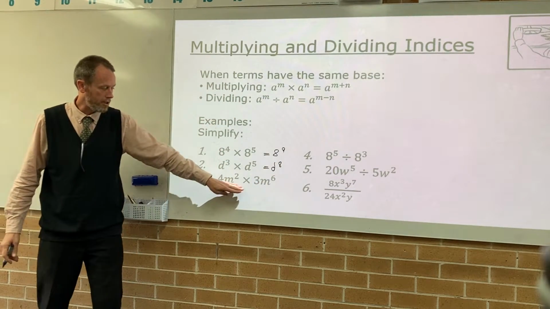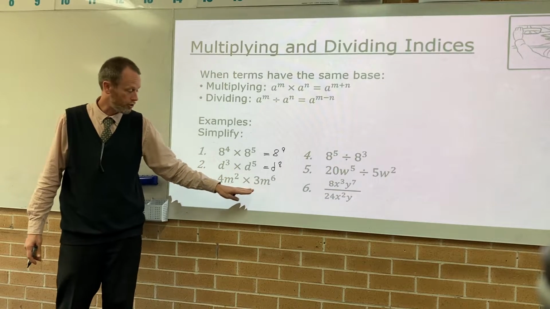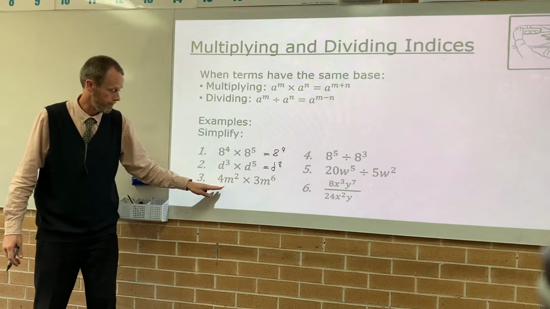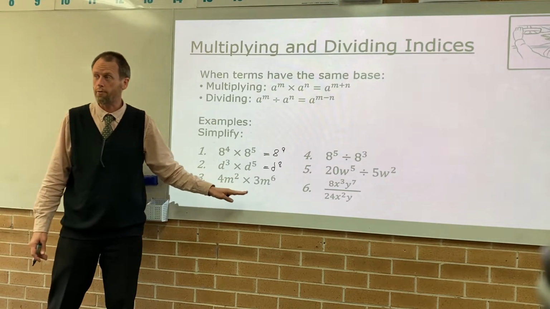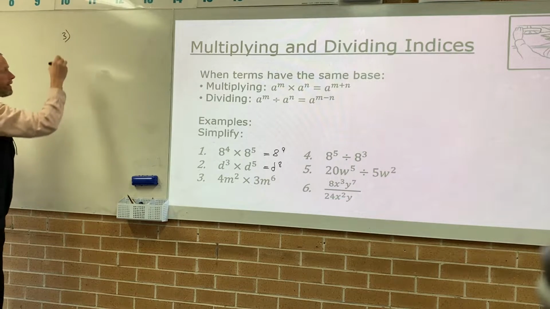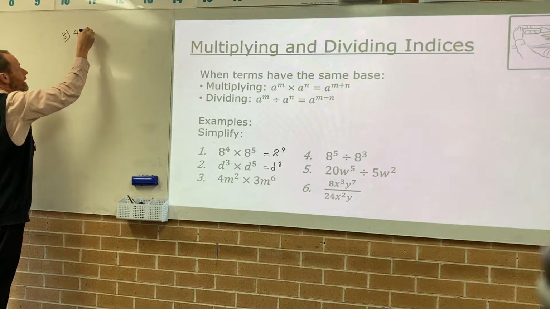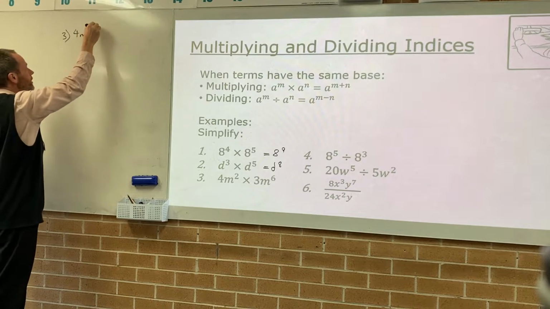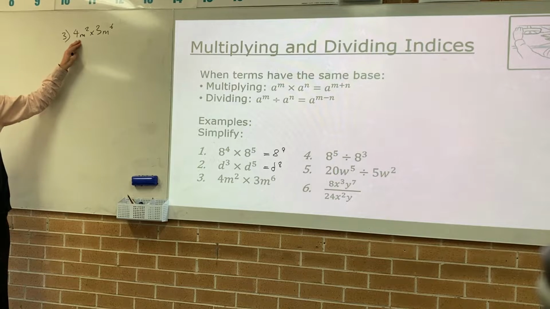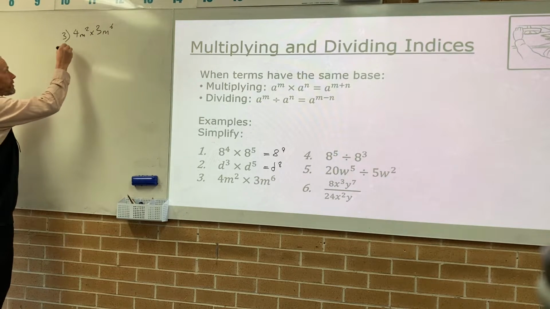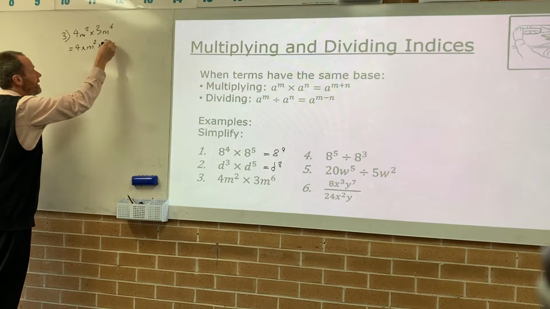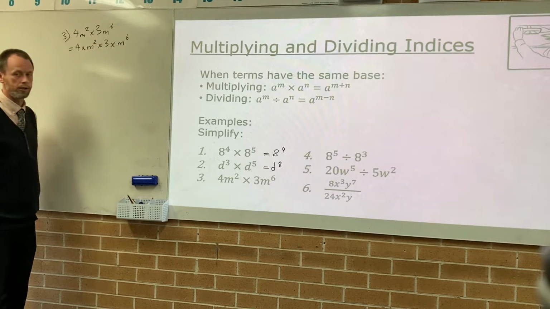Now I've made a little bit different here. I've actually included a number before the term. Now, what you have to remember with this sort of question, I'll write it up here, is 4m squared times 3m to the 6. Remember that we've actually taken the times out. So it's the same as 4 times m squared times 3 times m to the 6.